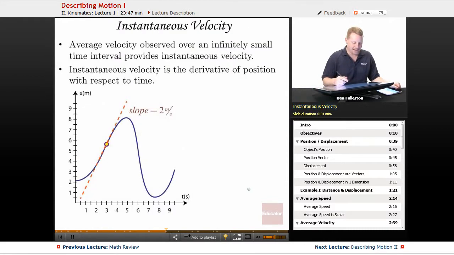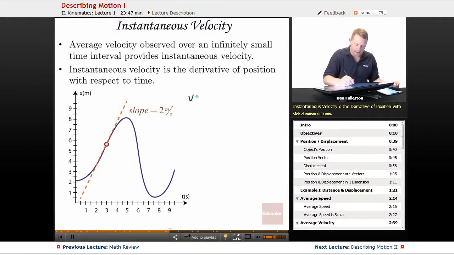Looking at instantaneous velocity: average velocity observed over an infinitely small time interval. As you make that time interval smaller and smaller until it becomes infinitesimally small, you get the instantaneous velocity, the velocity at that exact point in time. Instantaneous velocity is the derivative of position with respect to time.